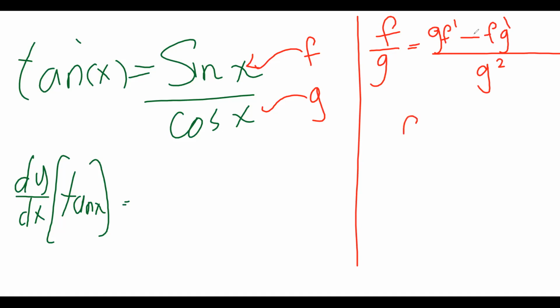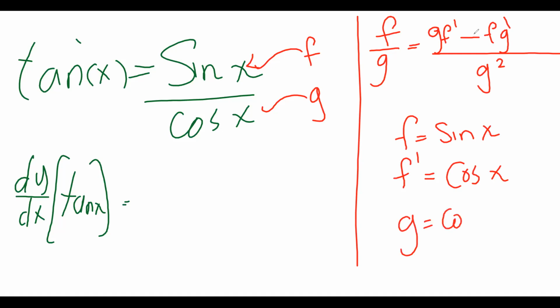Where's f? It is sine. What is the derivative of sine? Cosine. Then we say that g is cosine. What is the derivative of cosine? Negative sine. Thank you. So it will be negative sine. Then after that, come back here.